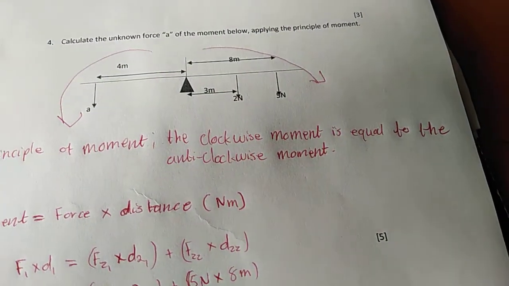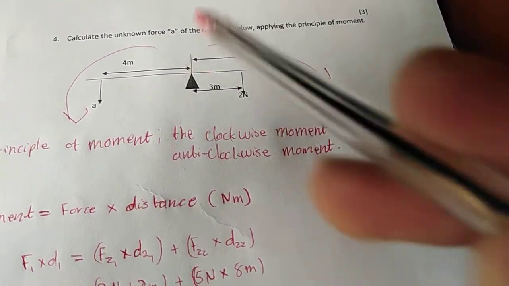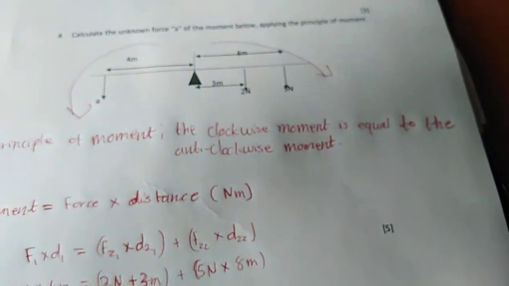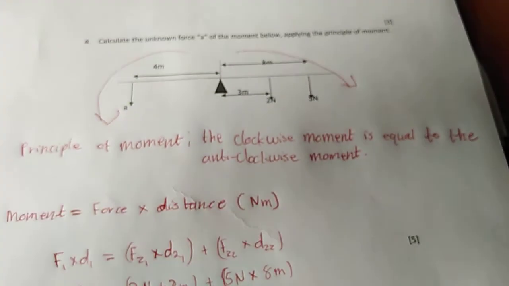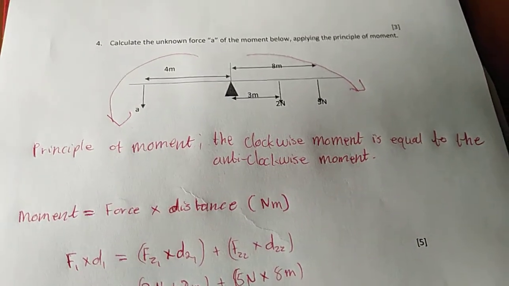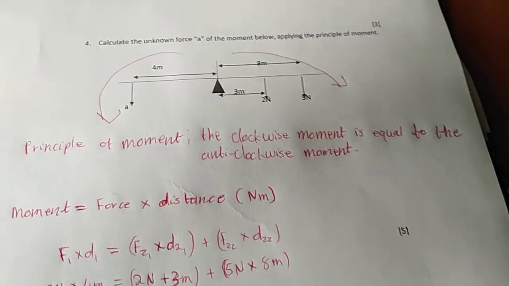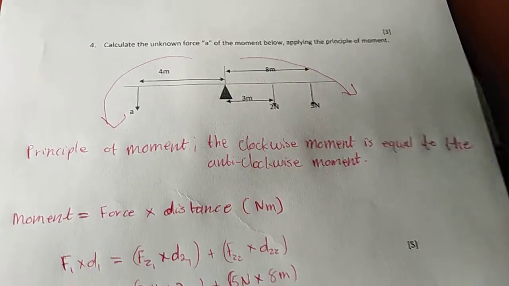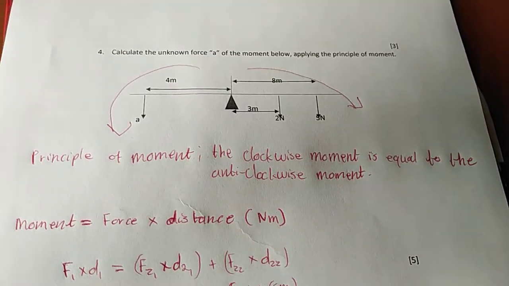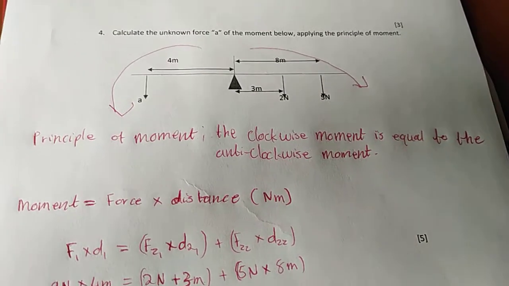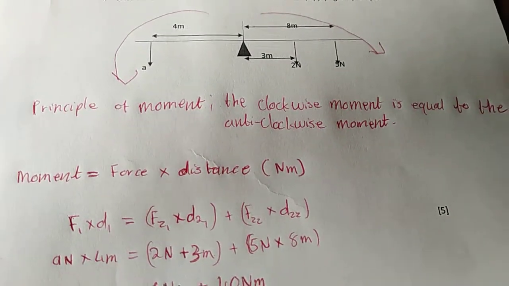In other words, the principle of moment is the principle of equilibrium. It states that for objects to be in equilibrium, the clockwise moment has to be equal to the anti-clockwise moment. And this is how we calculate the moment.